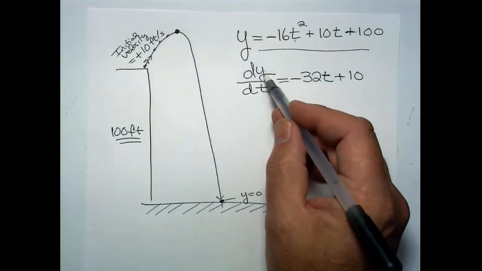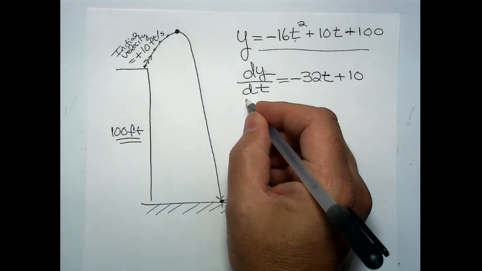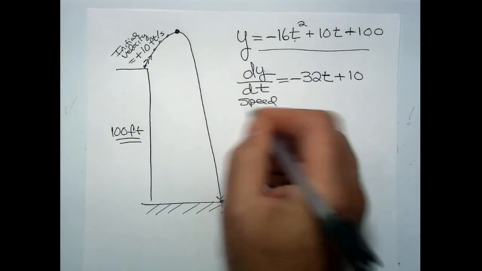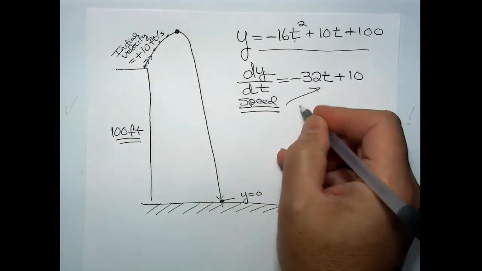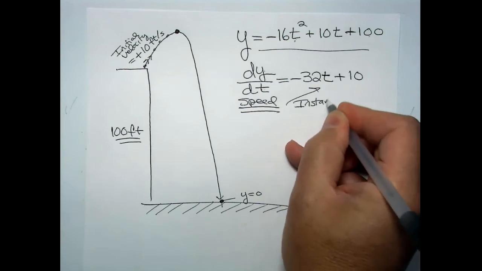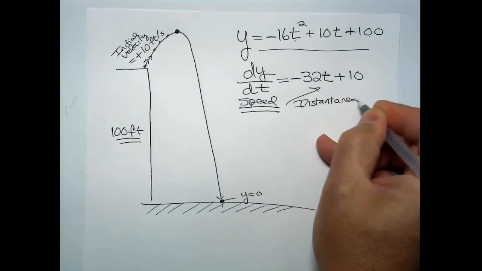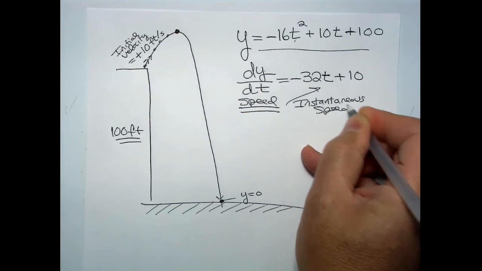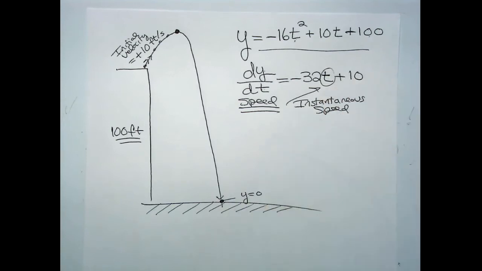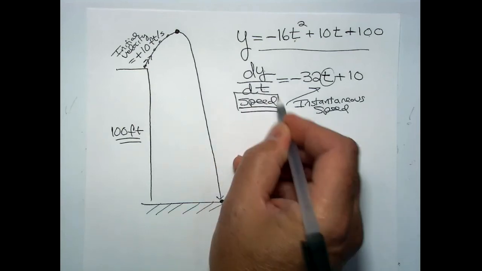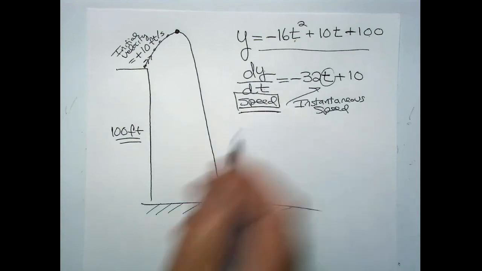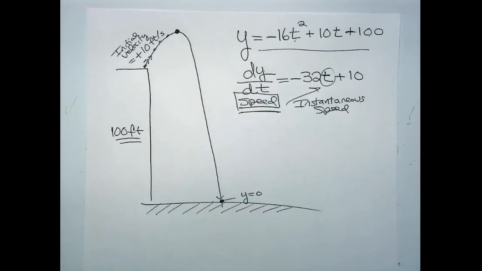So how does position change with respect to time? That's the speed. In fact, it's the instantaneous speed. In other words, you tell me what time it is, and I'll tell you how fast this object is moving in the y direction. So this is the interpretation of the first derivative. First derivative, that's speed.